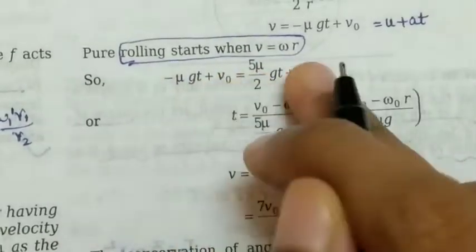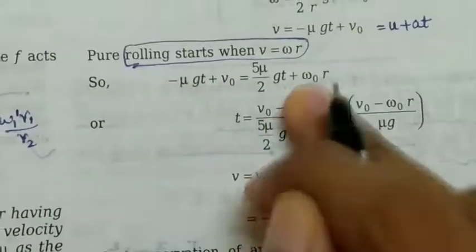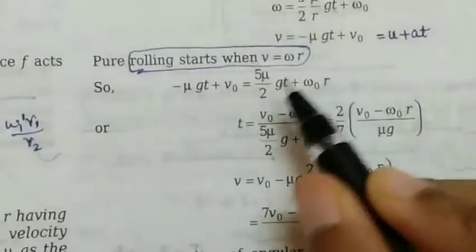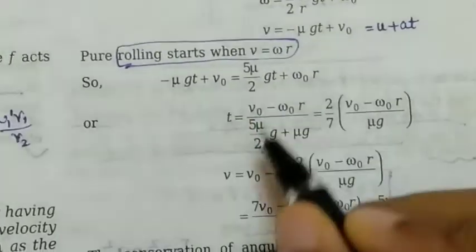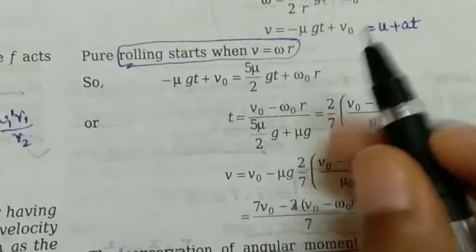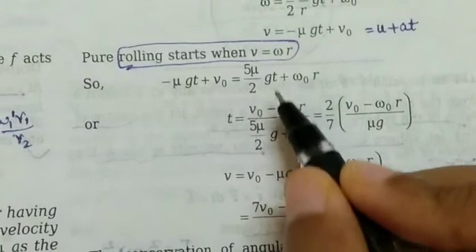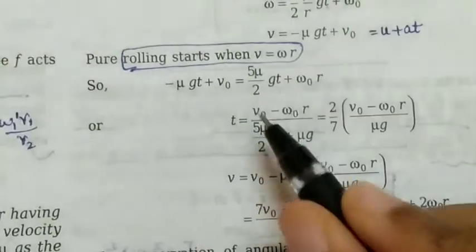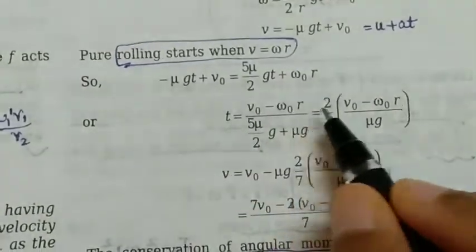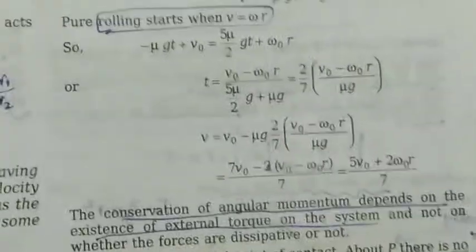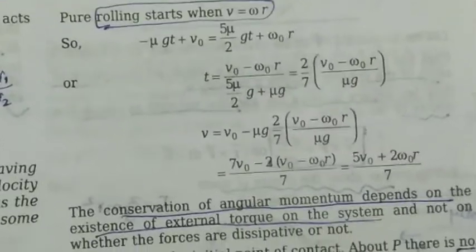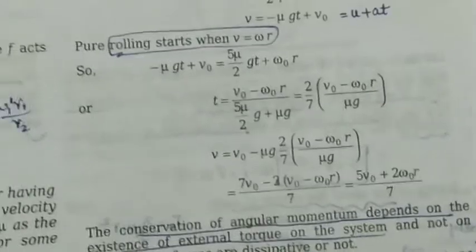After sending this v naught minus omega naught r this side and this one to that side, simplification and taking t common, we would have this term into t. So we want only t. So sending this term to that side, it would divide. So we would have t is equals to v naught minus r omega naught divided by 5 mu g by 2 plus mu g.